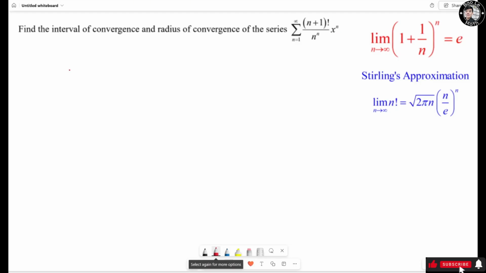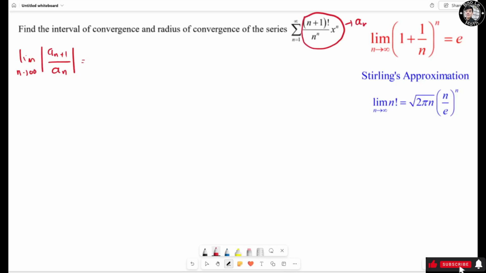Normally, in order to find the interval of convergence of the series, we're going to use the ratio test. So we have the limit of the absolute value of a_(n+1) over a_n when n approaches infinity. I'm going to let this one right here be a_n.